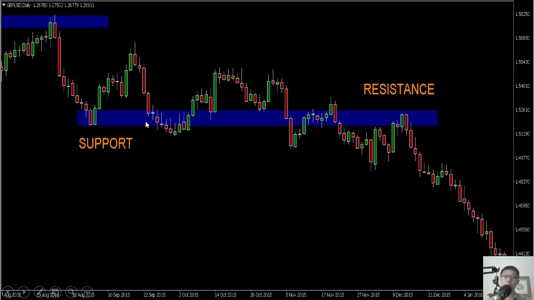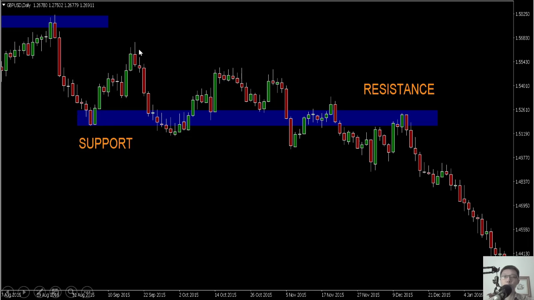So this is a support become resistance. After sellers push the price until this area, buyers push the price to the upside. So this is a support area.